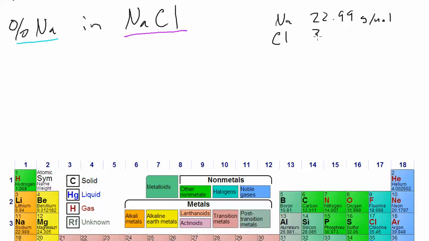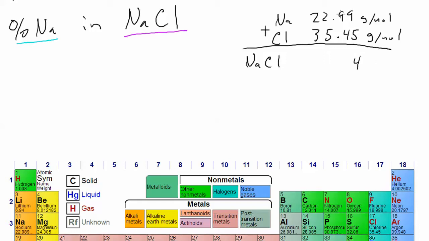So chlorine is 35.45 grams per mole. And so to find the molar mass of sodium chloride, I just have to add those two together. So 9 plus 5 is 14. I get 14 again. That's 8. And this is 5. So the molar mass of sodium chloride is 58.45 grams per mole.